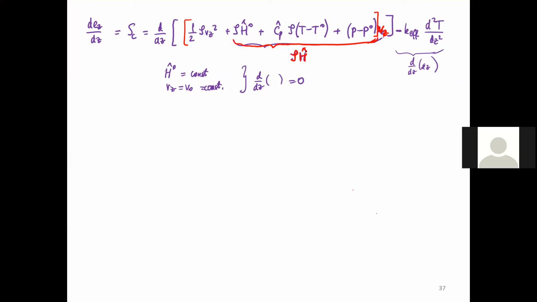Because inside the brackets, I'm supposed to have 1/2 rho Vz squared plus rho h, all times Vz. I'll let you work that out for a couple of moments. You need to clean that up and take a derivative and see what disappears because of the constants and what remains the same.